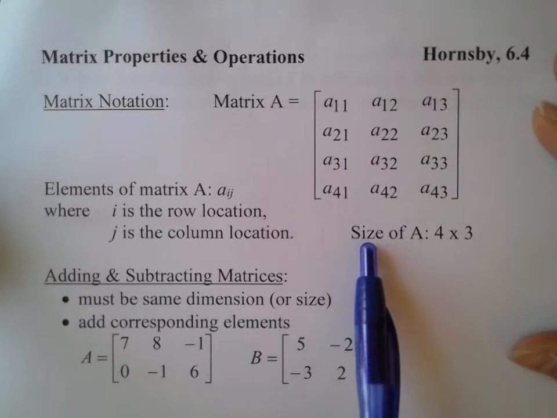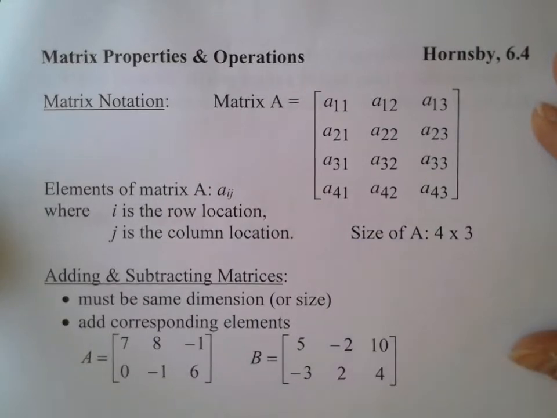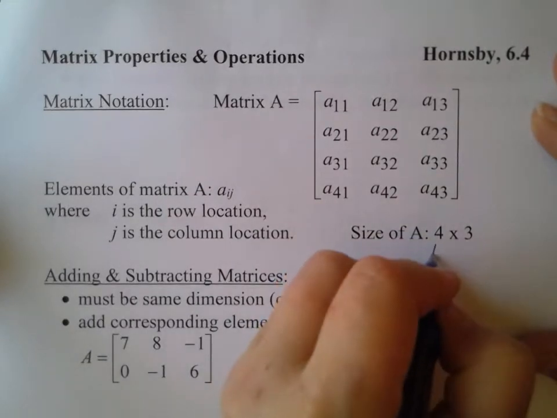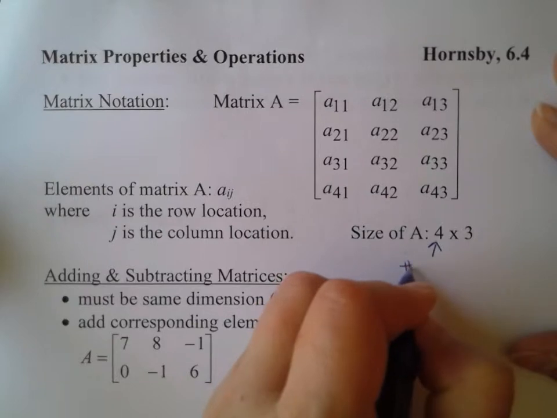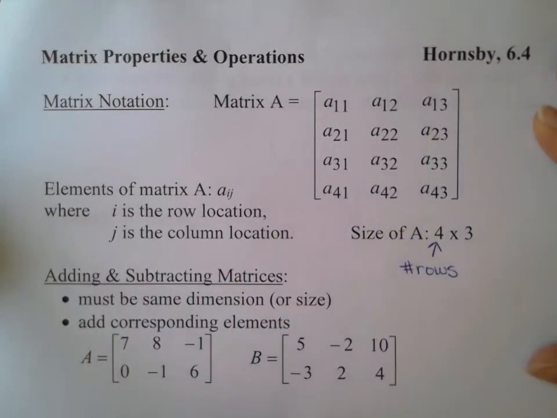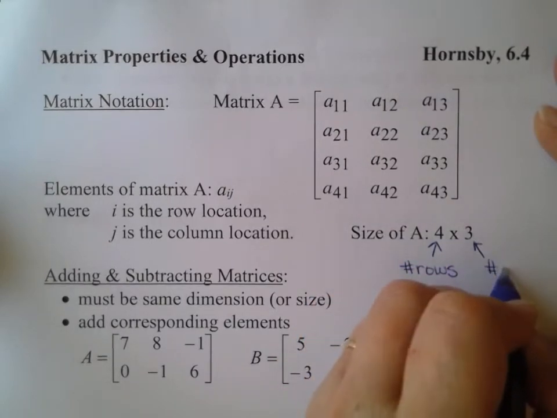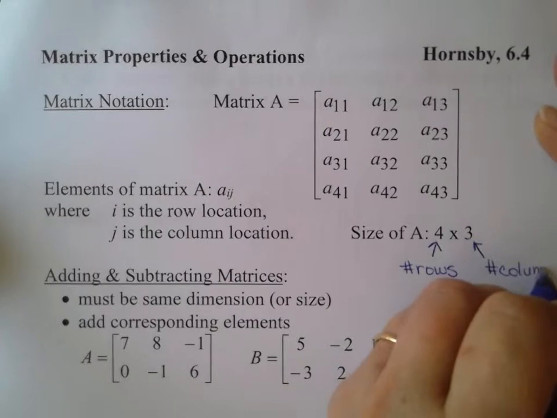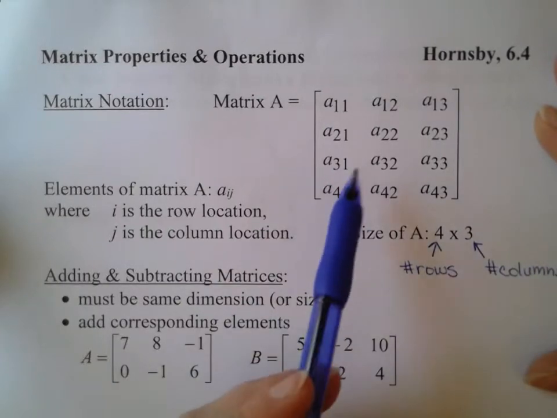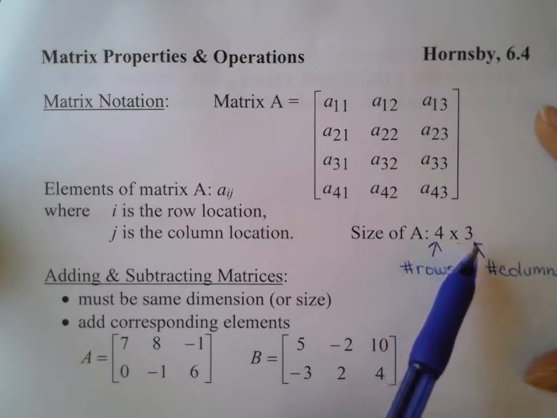We can also talk about the dimension or the size of a matrix. So the size of this matrix is always going to be described by the number of rows. The x here is like a by, like a 2 by 4, and then the number of columns. So this matrix up here that we've already been describing, this has 4 rows by 3 columns.